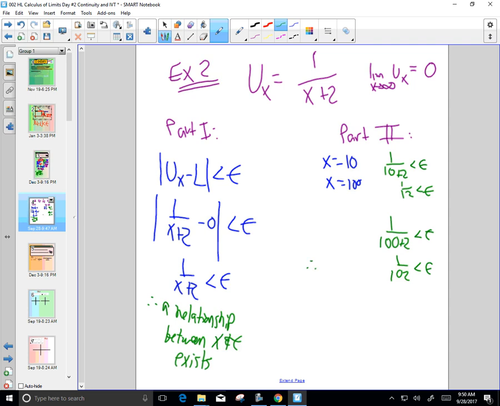As x increases, epsilon does what? Decreases. Okay, and therefore, limit exists.